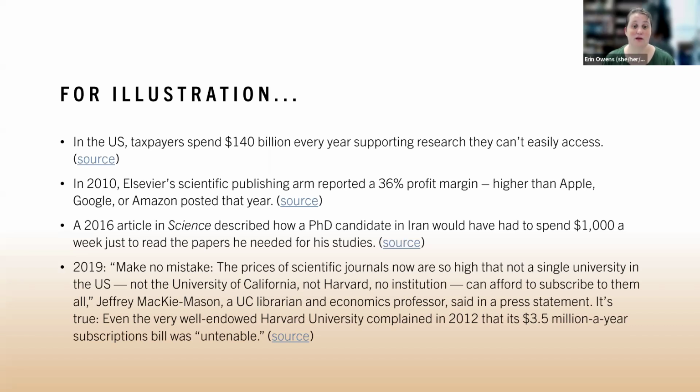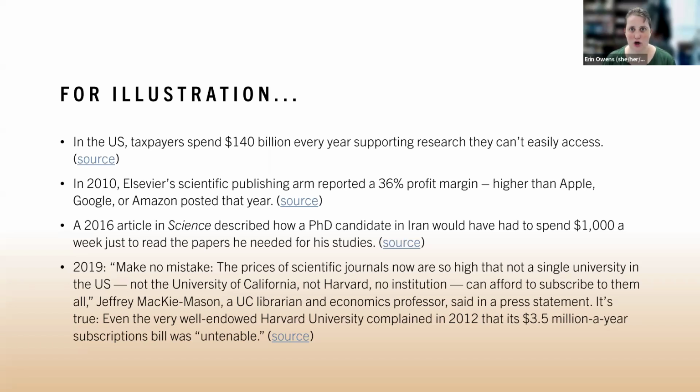Even Harvard, with its massive endowments, said in 2012 that its $3.5 million a year subscriptions bill was untenable. It's simply not something that can be sustained in the long run, particularly when we take into account the rate of inflation that these publishers add year over year on top of these already outrageous prices.